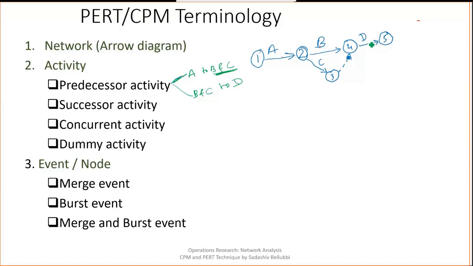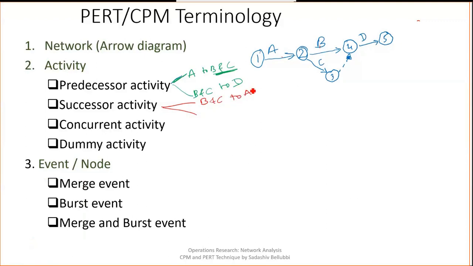Okay, next comes the successor activity. What do you mean by successor? Afterwards. It is an activity which can start only after the completion of another activity. In the diagram, B and C are successors to the A activity.